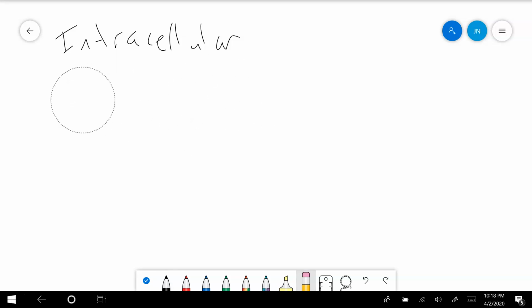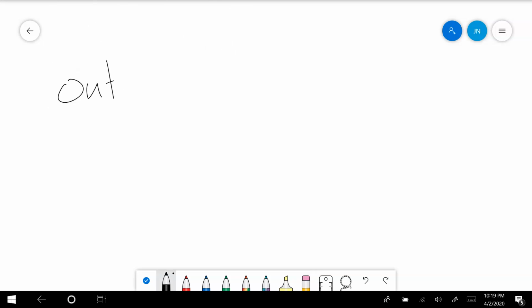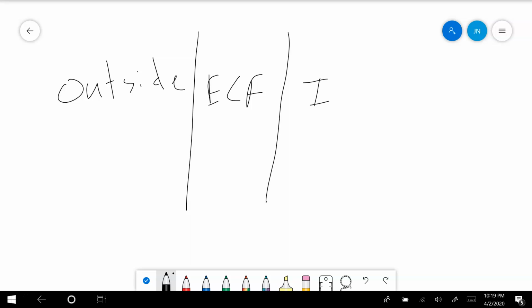Let's take a look at that idea. So here I have the outside world. Here we have our extracellular fluid. And here we have our intracellular fluid. Now, if water that is here goes there, well, extracellular fluid, there's water, there's lots of dissolved particles in the water.